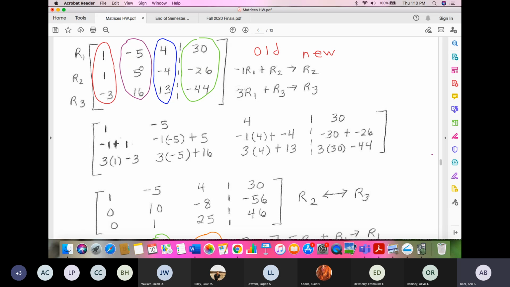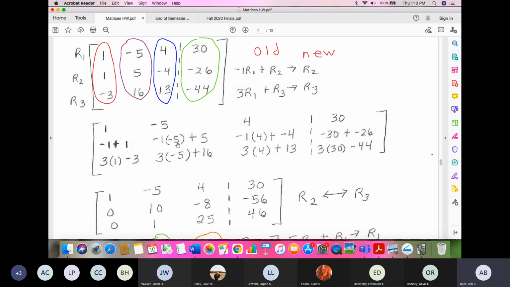So now let's look at the purple column. We've got to think really hard about columns and rows here. In the purple column, first of all, we're only doing the last 2 rows because we copied over the first row. So it would be -1 here times what's in R1 of this column. And that would be -5.